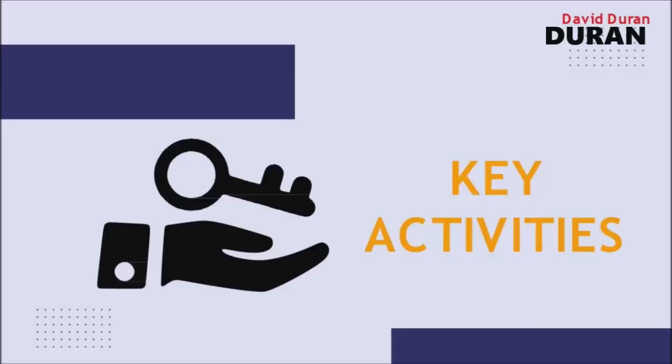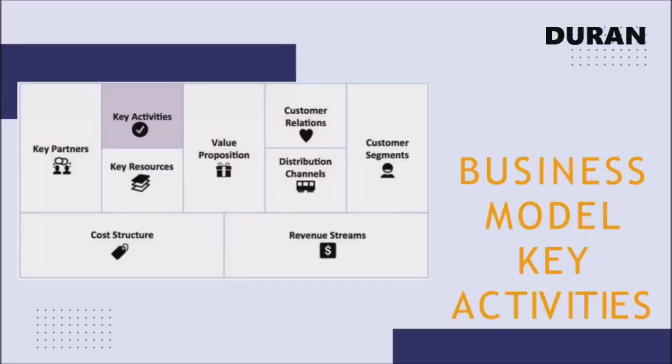Key activities. Before I discuss the definition of key activities, let's take a look first at the business model. The business model refers to the way in which a company generates revenue and profits by providing goods or services to the customers.